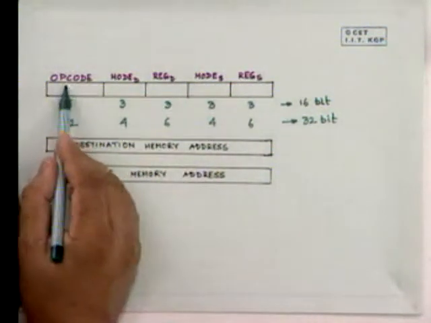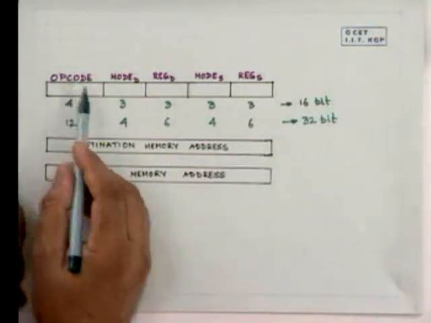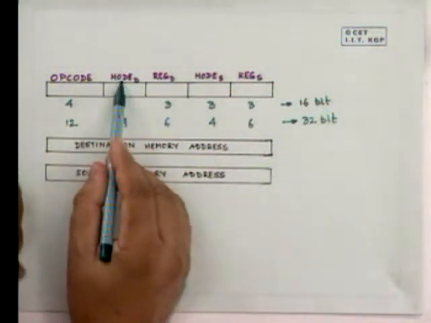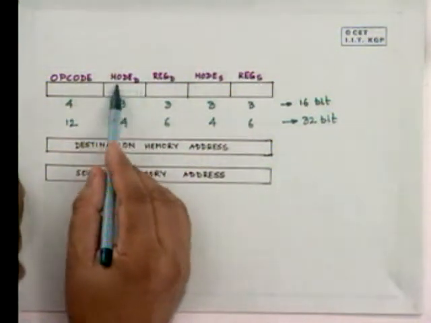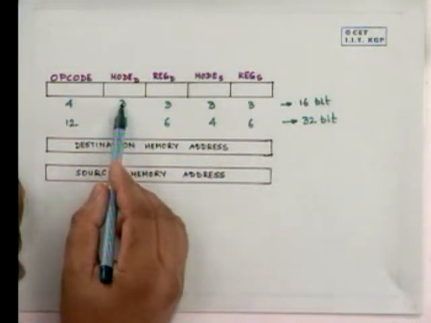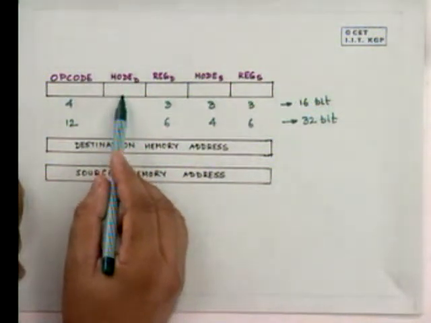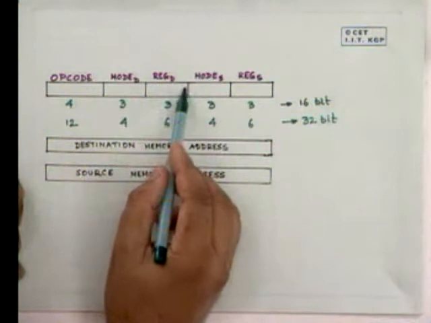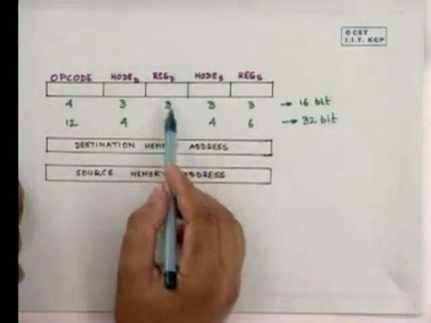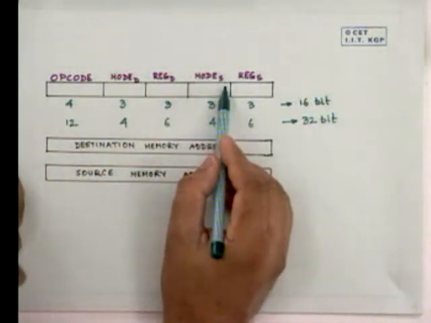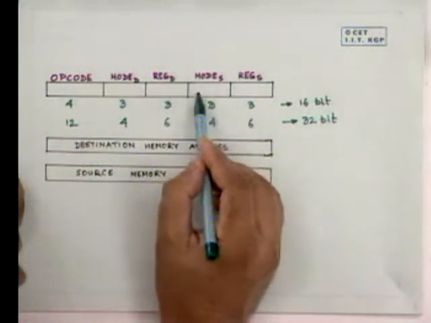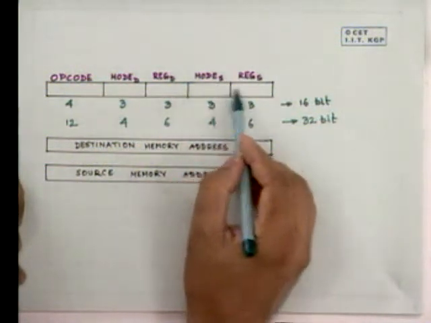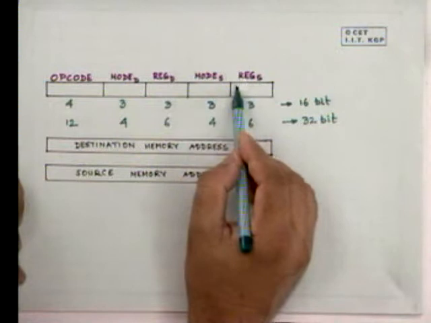For example, you keep the opcode, you keep the mode of the destination here, where 3 bits can talk about 8 modes. You talk about the register associated with the destination, the mode associated with the source, and the register associated with the source.